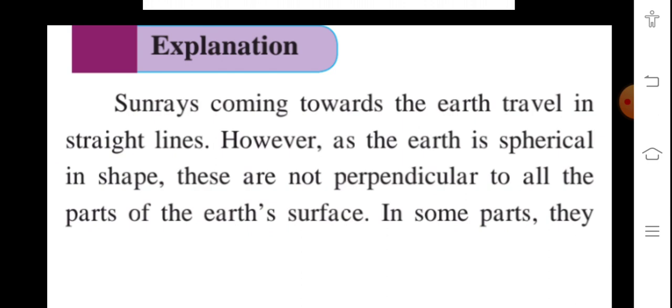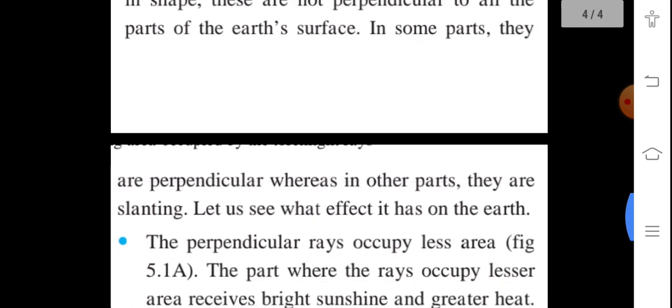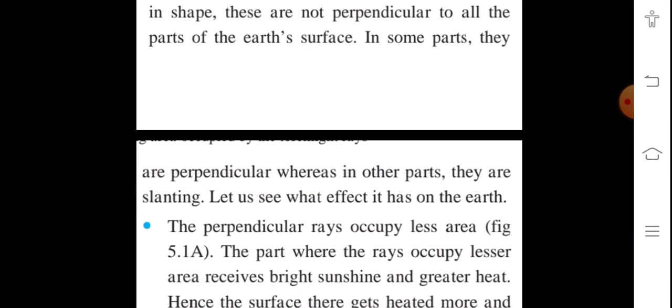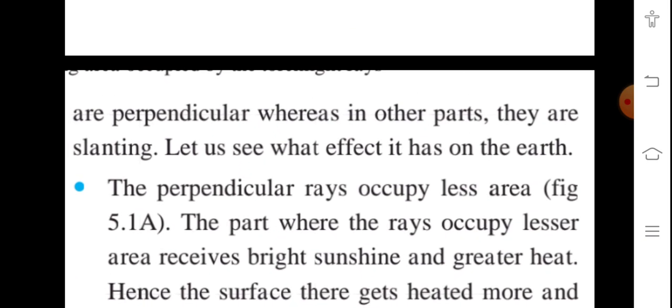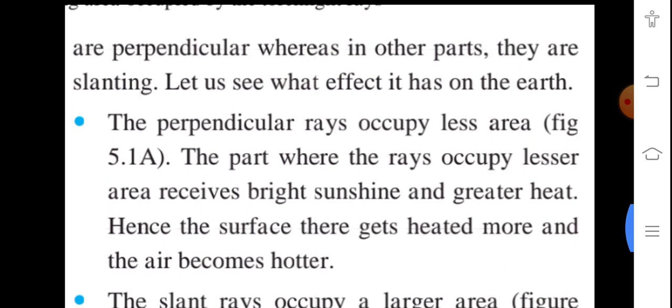Why did this occur? This occurs due to the shape of the earth, because the earth is spherical. In some parts the rays are perpendicular, whereas in other parts they are slanting.